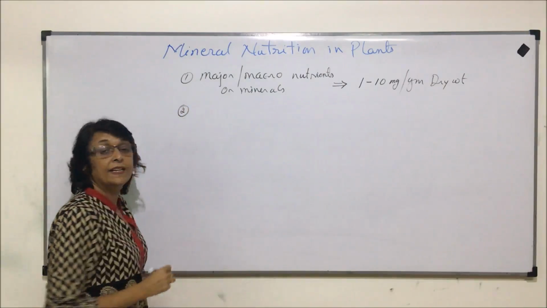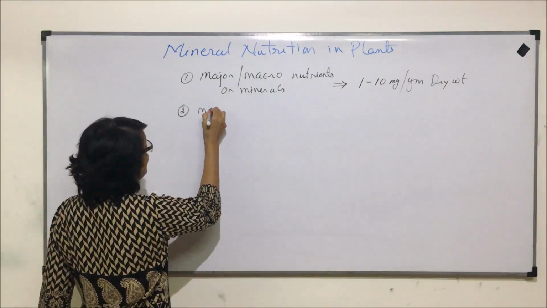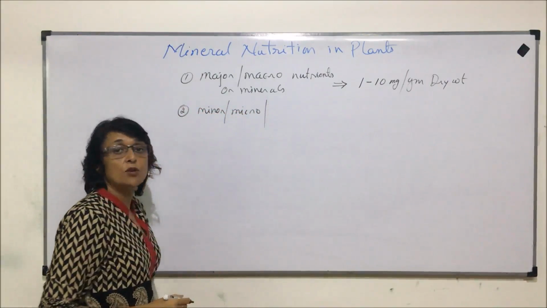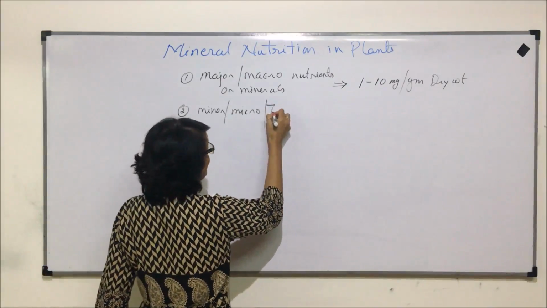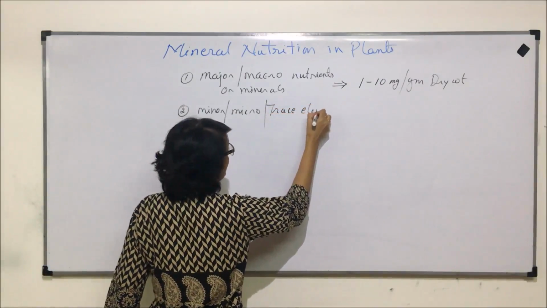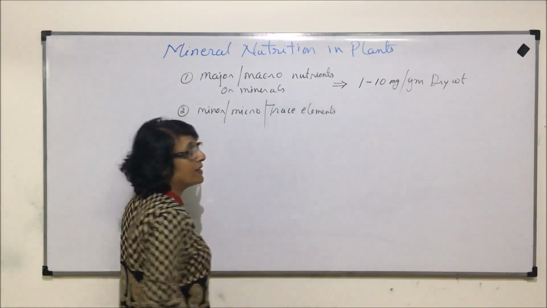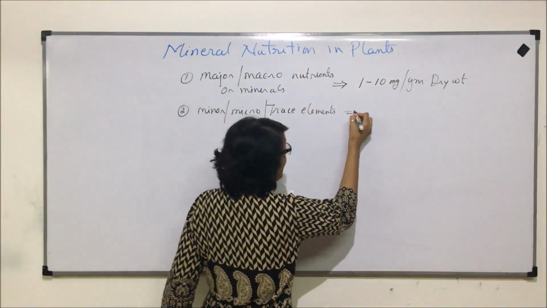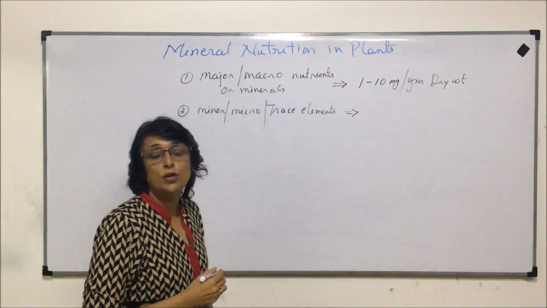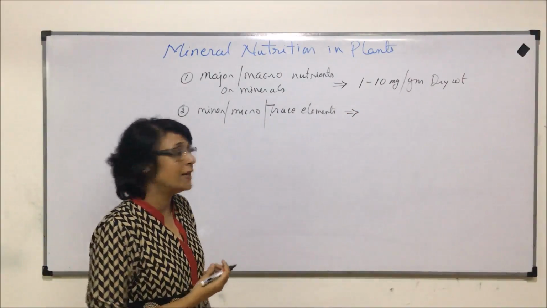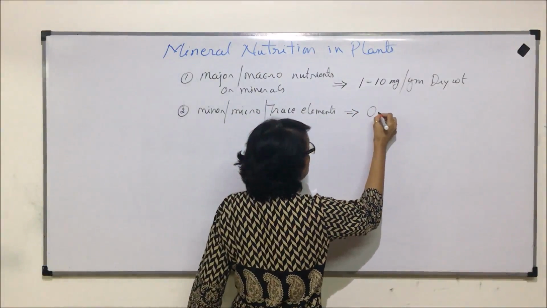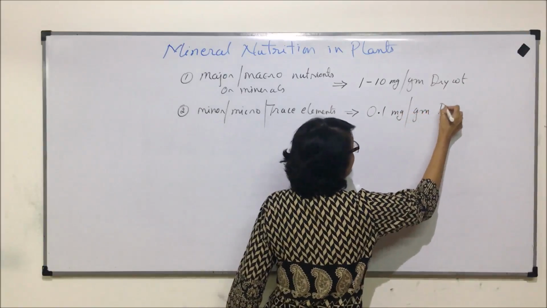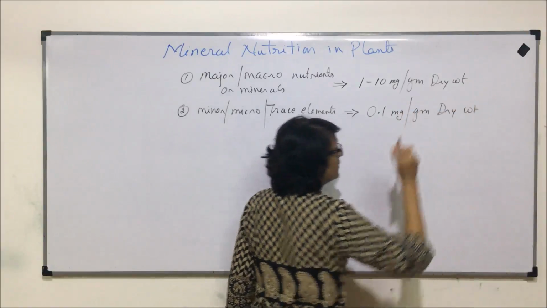The second category is minor or micro, or they are sometimes also known as trace elements. And the criteria to consider them in this category is, again, the amount or concentration in which they are present or required by the plant, and that is 0.1 milligram per gram dry weight of the plant.